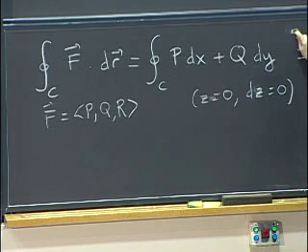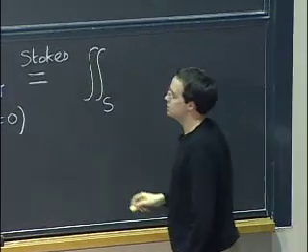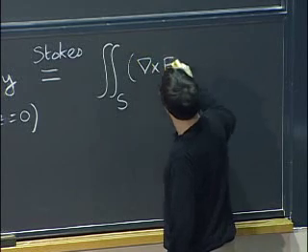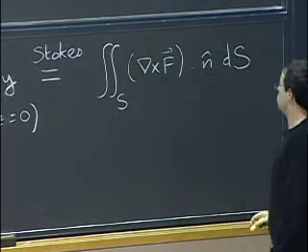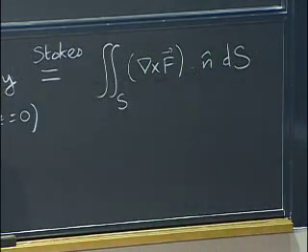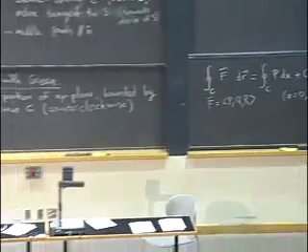Now let's see what Stokes says. Stokes says instead I can compute the flux through S of curl F. But now, what's the normal vector to my surface? Well, it's going to be either k or negative k. I just have to figure out which one it is.